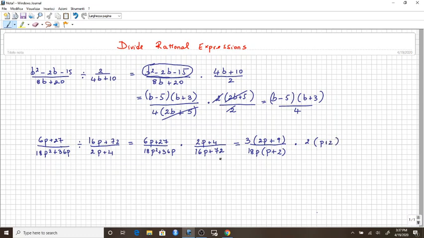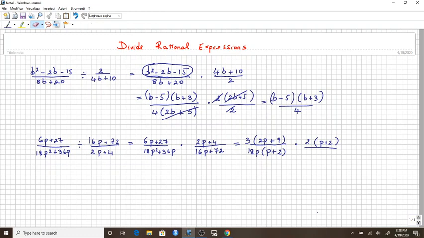we have a 16 and 72, and let me see, well, 16, 32, 48, and 72, so we should get a 4 as the greatest common factor. So this will leave me, well, actually 72 is divisible by 16, right? Let me use a calculator to make sure I don't make mistakes.